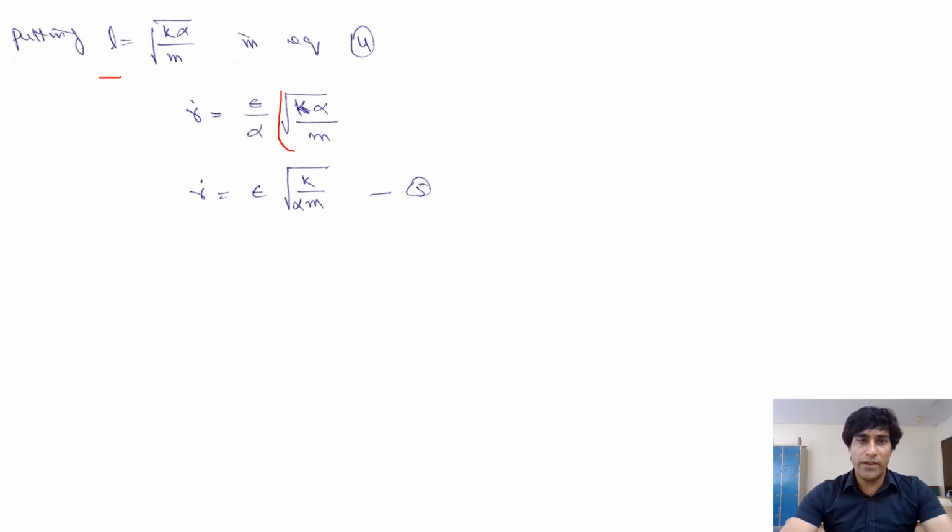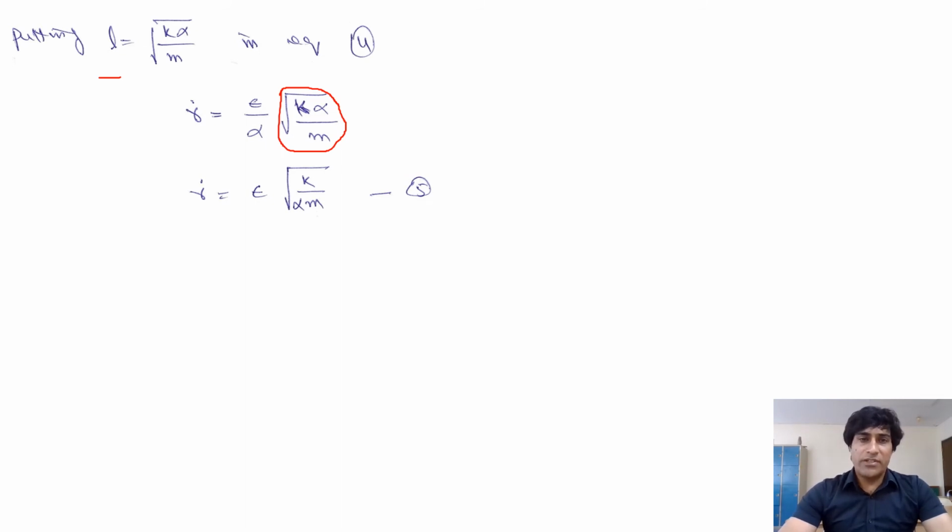By putting the value of angular momentum in equation 4, we will get r dot equal to epsilon divided by alpha into square root of k alpha divided by m. So we replaced L with this term.